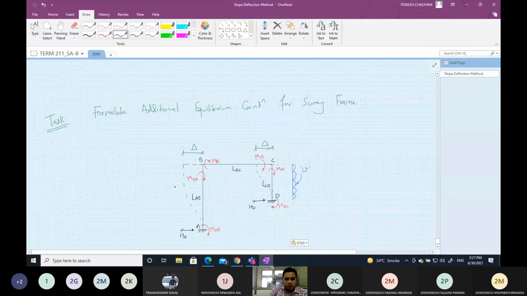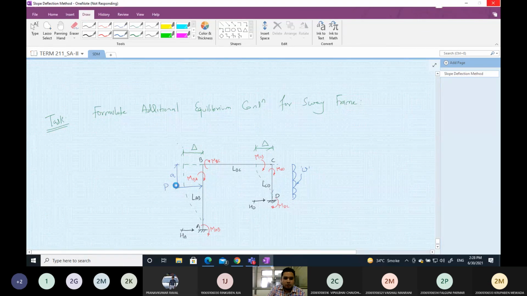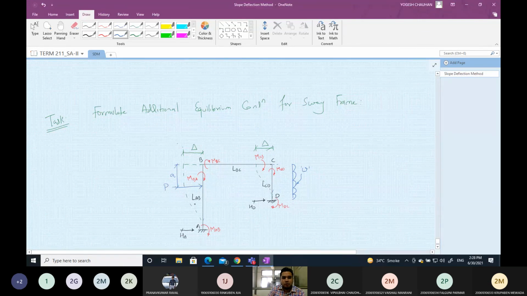This time we have a horizontal load P which is acting at a distance A from support B. So both a UDL on member CD and a point load at a distance A from support B on member AB are present.